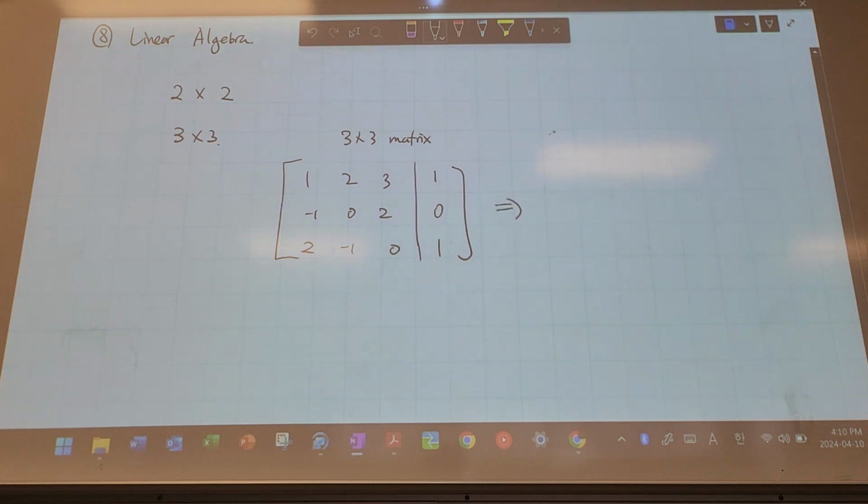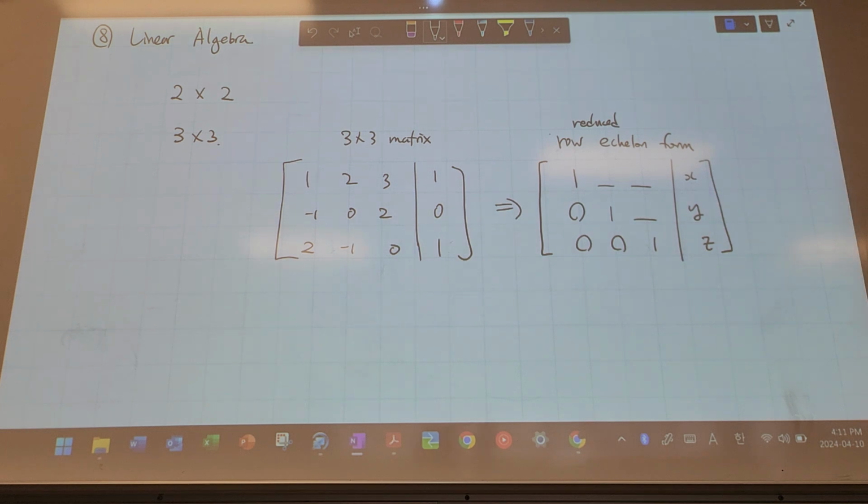Our goal is to go to row echelon form, or reduced, but I've noticed that people don't like doing the reduced one. It's useless. The goal is to get 1 something something, 0 1 something, and 0 0 1 something. Actually, I think this is the row echelon form. The reduced one is when you have zeros all the way around. My bad, I apologize. This is the row echelon form.